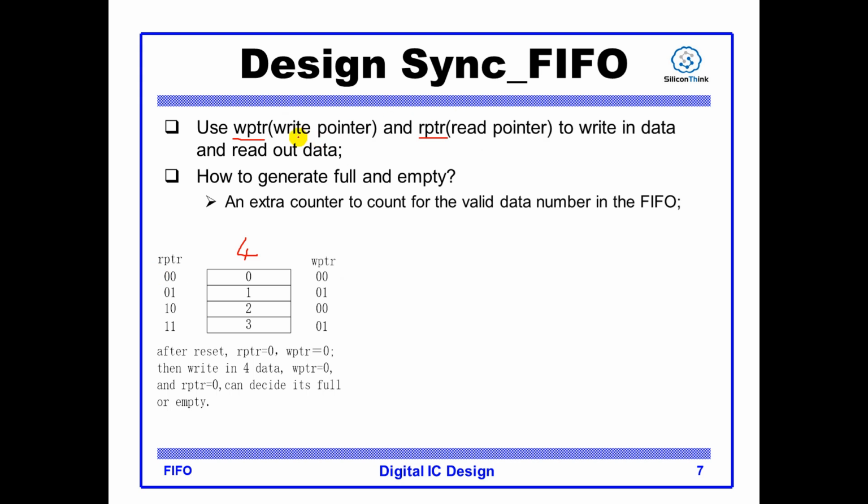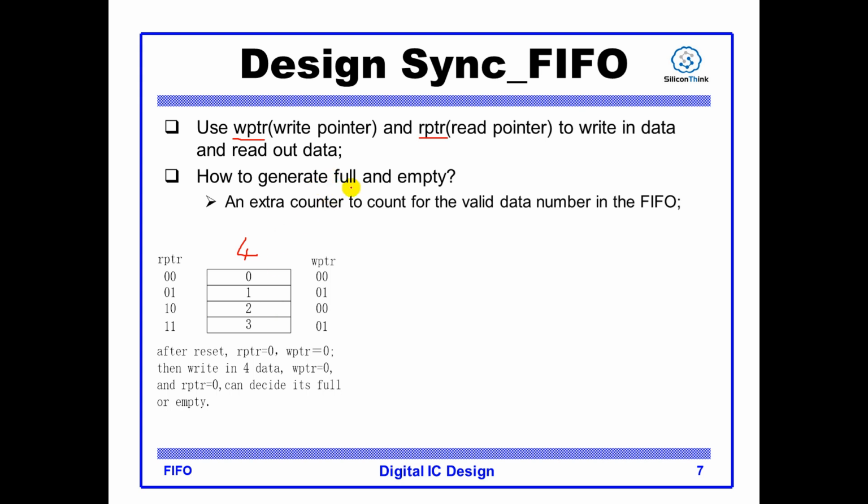The operation of write pointer is when there is a push, you will increase the pointer by 1. So this will be the address for write operation. And for read pointer, if there is a pop operation, you will increase the pointer by 1. So this will be the read address. So we use 2 pointers to access the memory array.